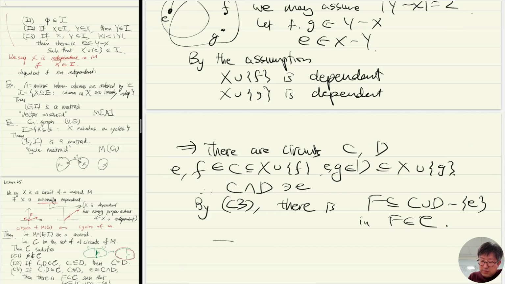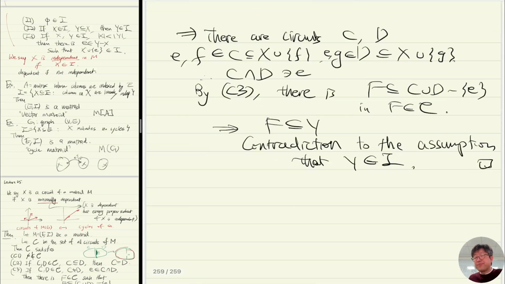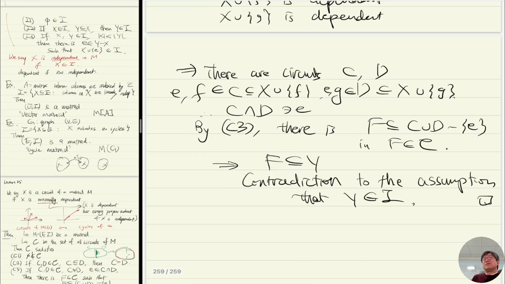Now, but then F is a subset of Y, contradicting the assumption that Y is independent. Okay, so that's the proof.